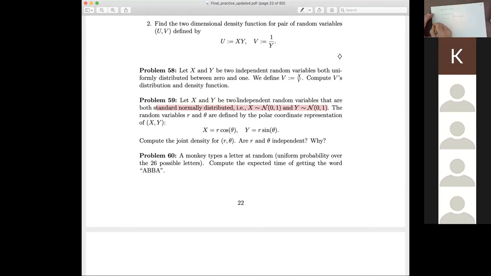So you're given that x is independent of y, and they're both standard normal. And then the new variables are the polar coordinate representation. So x and y are given as r cosine theta and r sine theta.